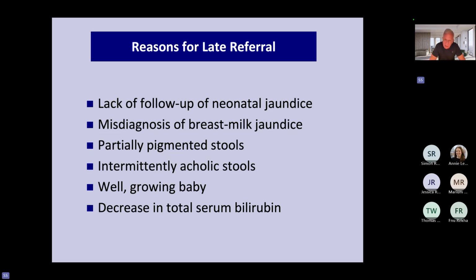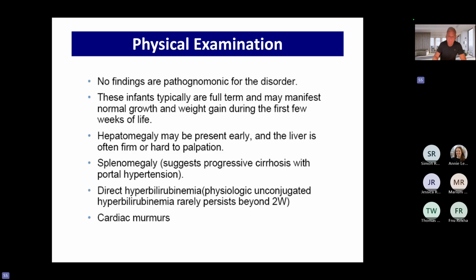So can any of the fellows tell me what the typical total bilirubin level is in a baby with biliary atresia? Total bilirubin. Well, it's rarely above 10. Most babies with biliary atresia will have an 8 to 9, and 50% of that will be direct hyperbilirubinemia.